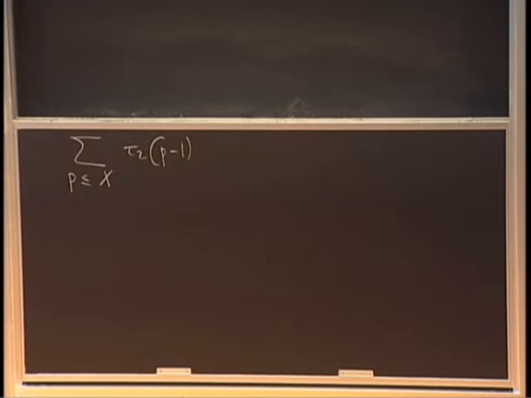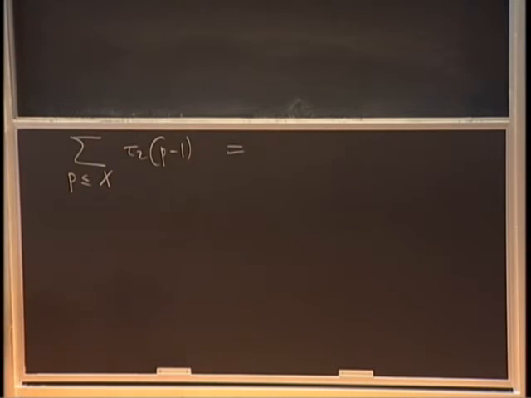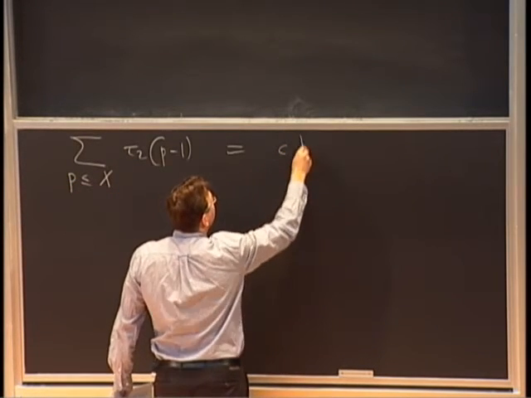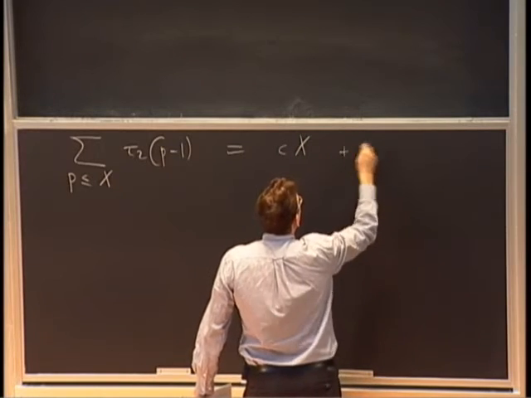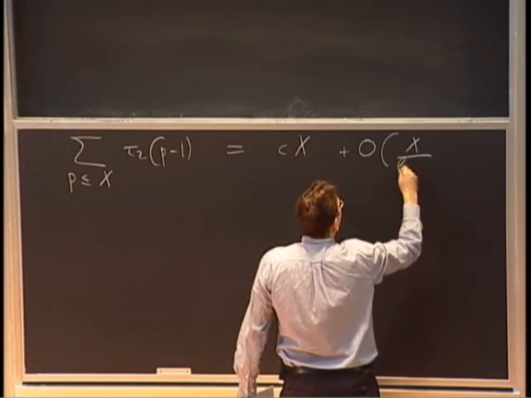Okay, p minus 1 could be p plus any fixed constant, of course. So I told you, and I think you saw in an exercise, and nowadays it's really easy, that if you know the Bombieri-Vinogradov theorem and the Brun-Titchmarsh inequality, you're going to see that this is some constant times x plus big O of, well, let's say x over log x maybe.